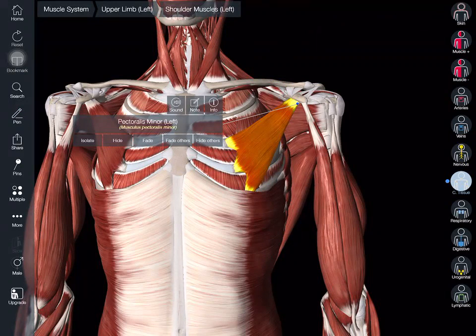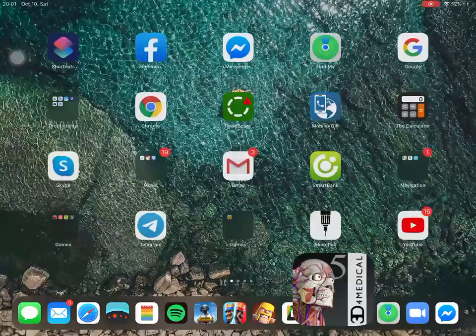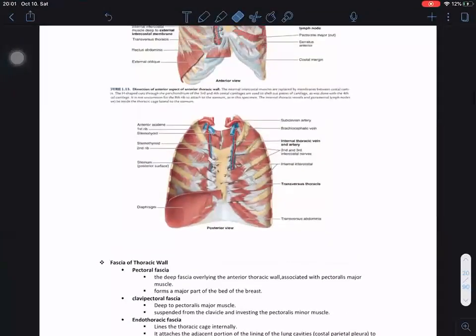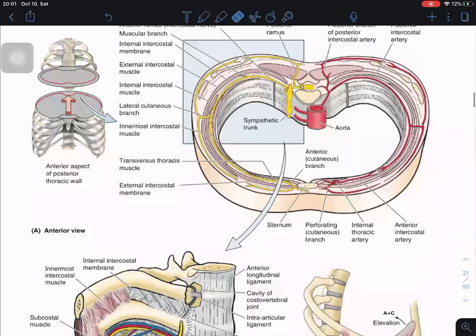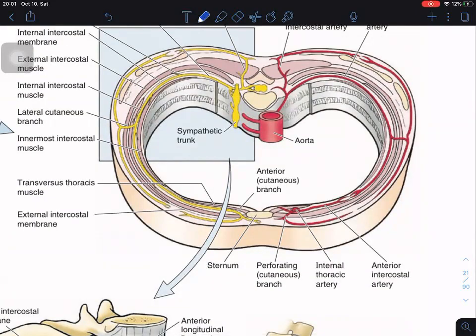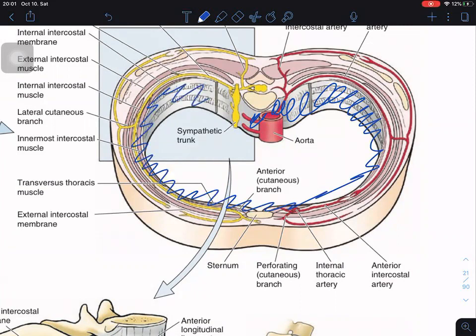Now, if you look over here at this horizontal cut that we have on the thoracic wall, internally, you're able to find a fascia which is covering the whole internal aspect of the thoracic wall. So you're not actually able to see any of those muscle fibers right now.